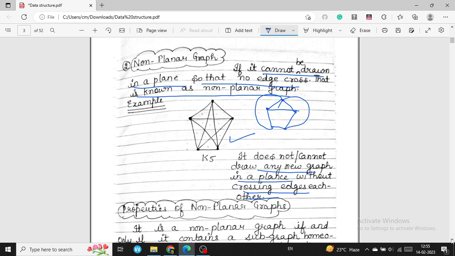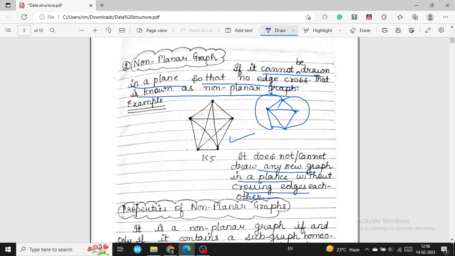Now you can see we have 2 lines left. The first line I draw easily. But this last line, how can I draw it? I can't draw it outside because it would cross this line. When we draw it inside, it crosses this line.